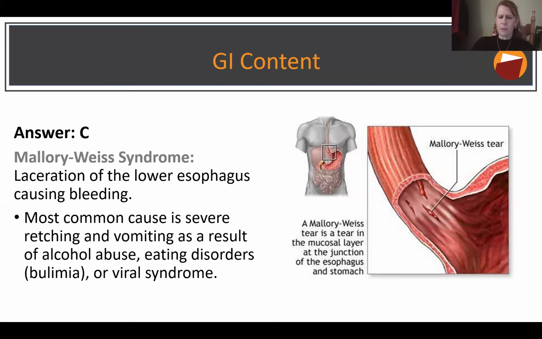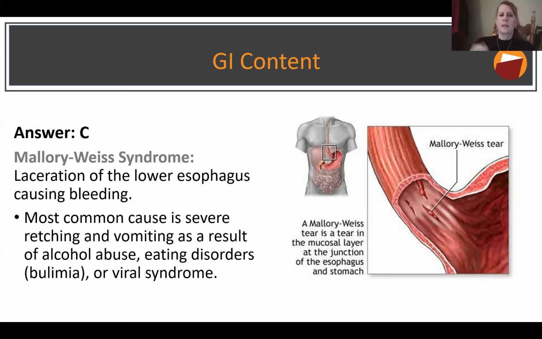But Mallory-Weiss syndrome is when there's a laceration in the lower esophagus that causes bleeding. So they might have that, throwing up blood and stuff like that. It is the most common cause of severe retching and vomiting as a result of alcohol abuse, eating disorders, bulimia, viral infections.